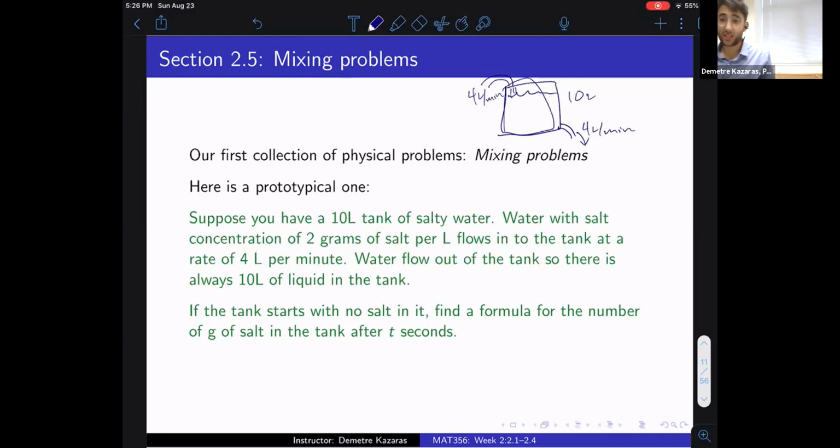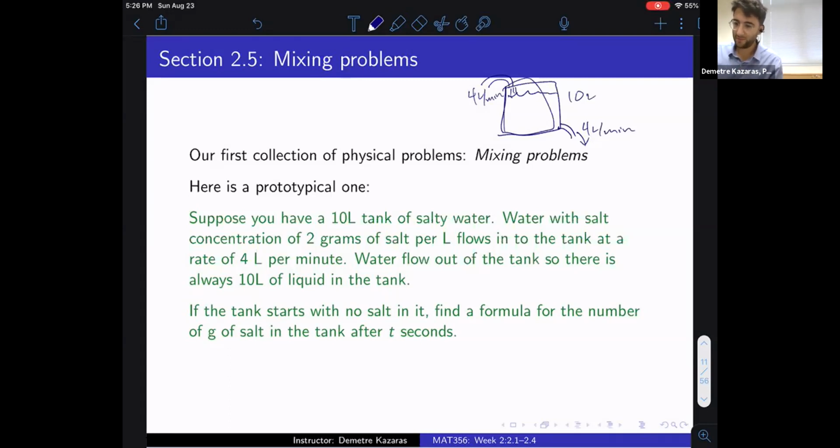All right, so let's try to approach the situation. First we have to identify something that we want to model with a differential equation, then write an equation for that function, and then solve it. And then reinterpret our solved differential equation in terms of what they're asking us to figure out.